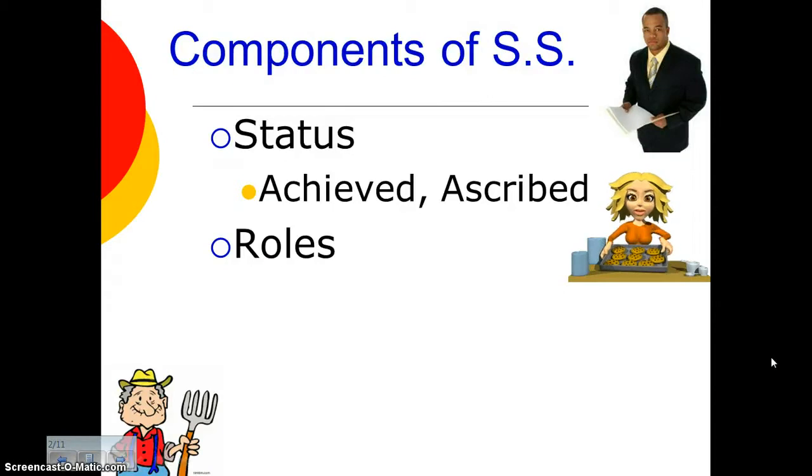Okay? Now, some roles can create conflict. For example, if you have two or more of your roles that call for opposite actions. Let's say that you're a parent and you've got a job, and all of a sudden one day your child is sick.